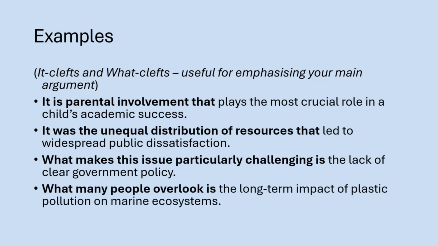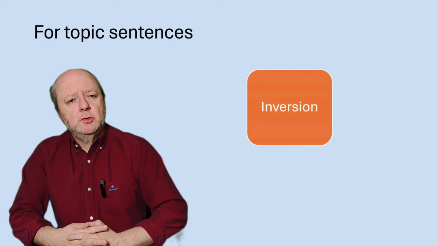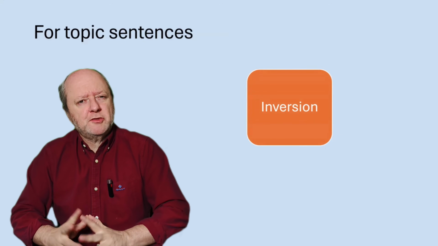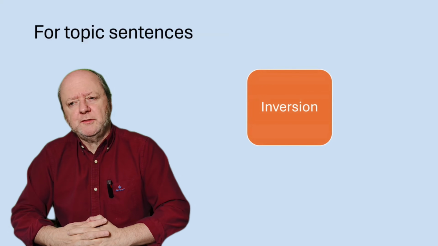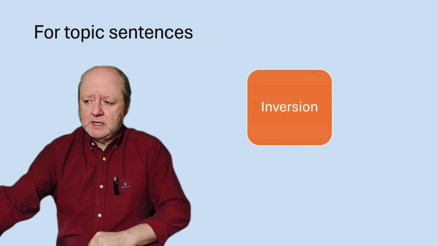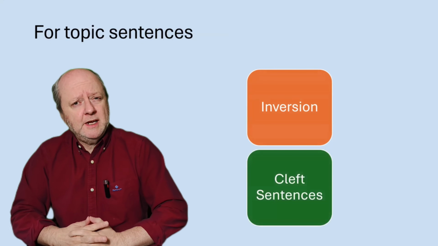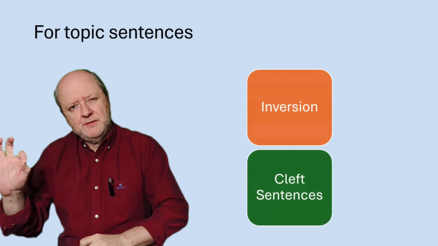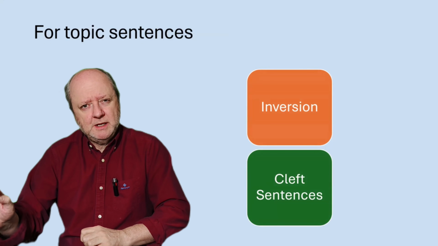And what many people overlook is the long-term impact of plastic pollution on marine ecosystems. So we've looked at good, strong grammatical structures for topic sentences, the most challenging being inversion, but also cleft sentences to emphasize and stress your main point.